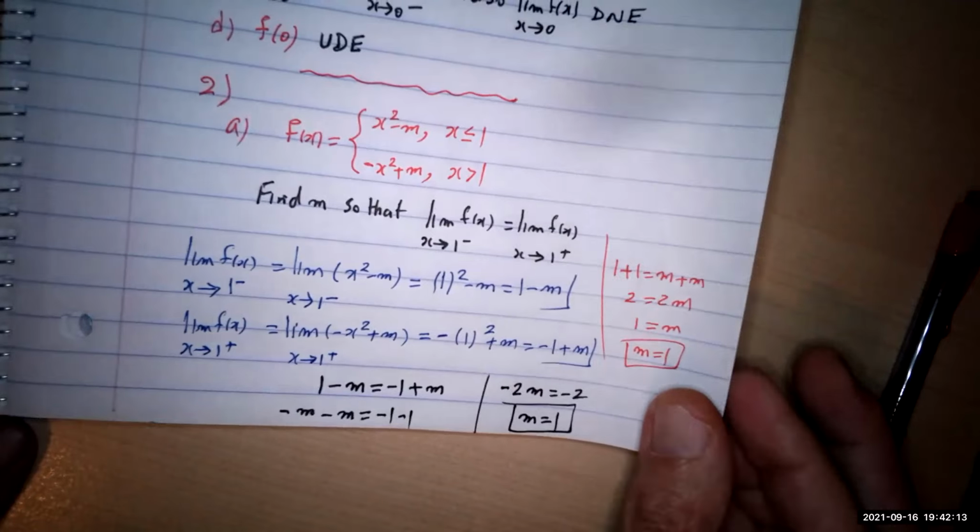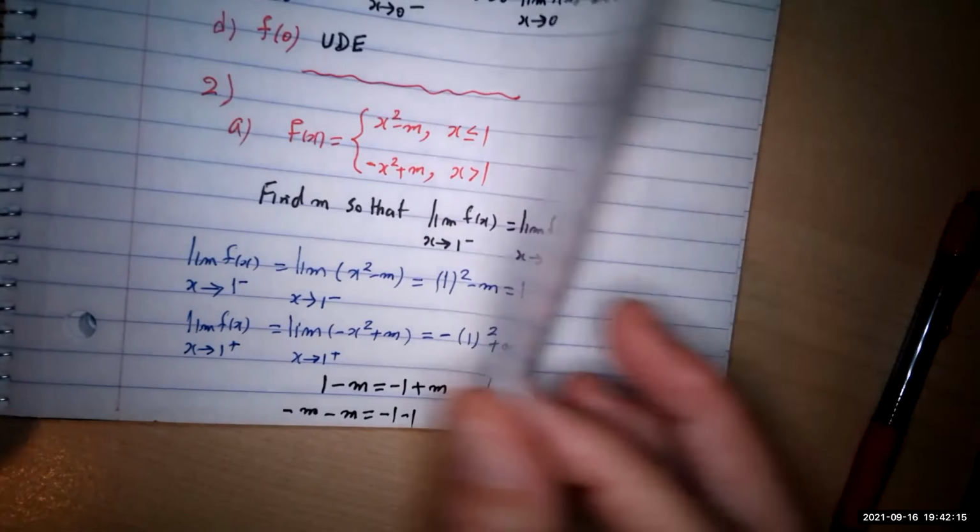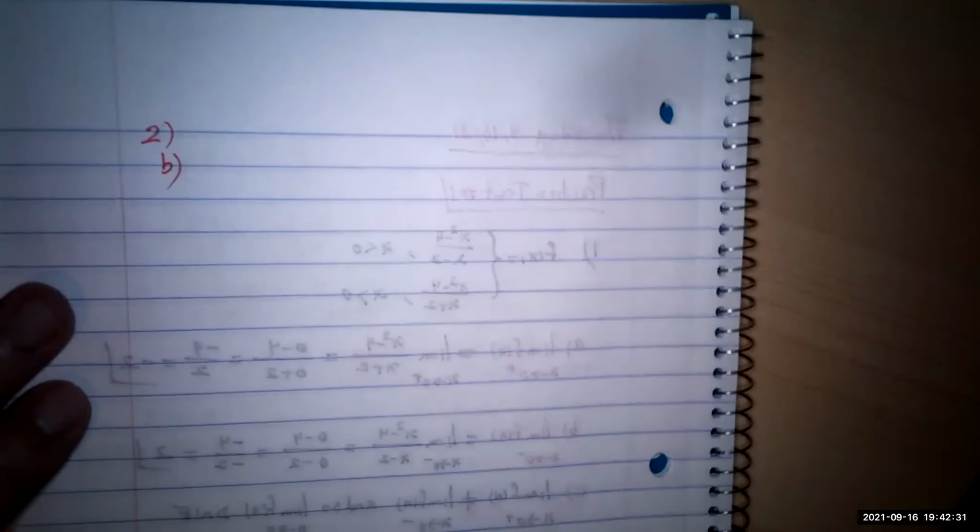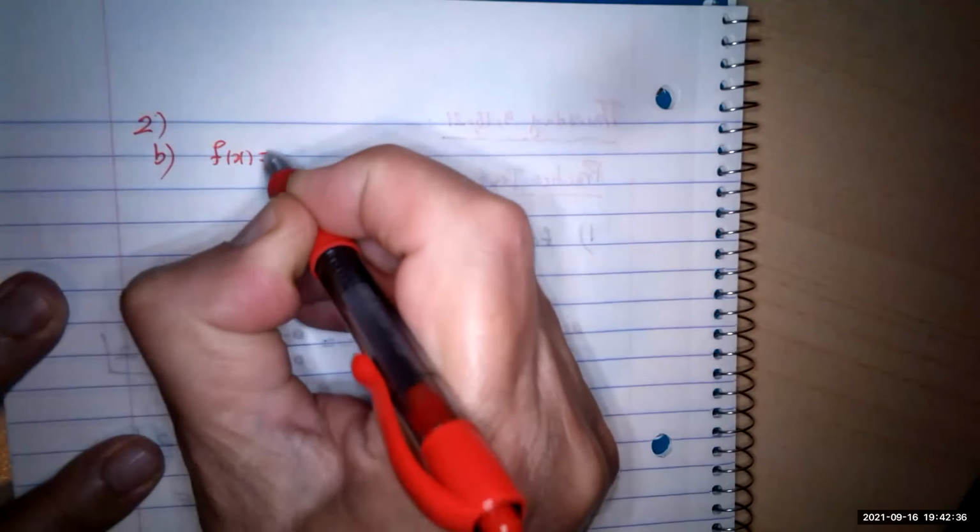That's part 1. The part 2 of this problem is that piecewise defined function. At this time, we want to graph it again. So that was 2a, and this is going to be the 2b. In 2b, the function is going to be like the one that we did have.